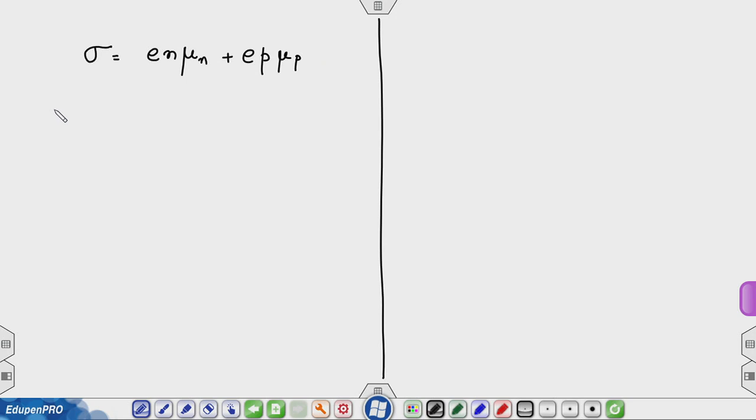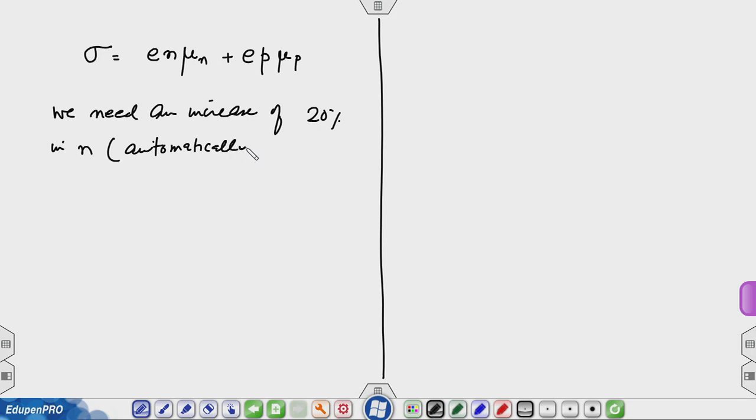So, we need an increase of 20% in n, which automatically gives 20% increase in p by raising temperature.